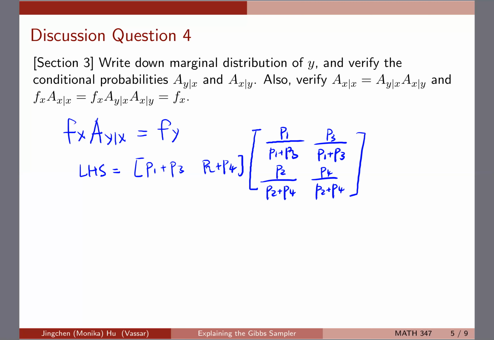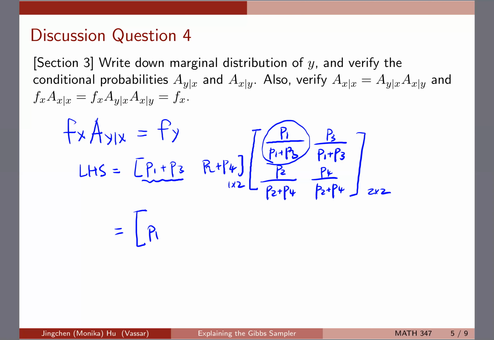For me, I always try to make sure the dimensions work. This is 2 by 2, this is 1 by 2, so I should have a 1 by 2 in the end. To do the multiplication, you go row times column. You can probably read it off: when you have P1 plus P3 times this term, it gives you P1.